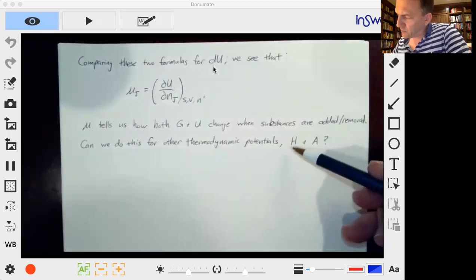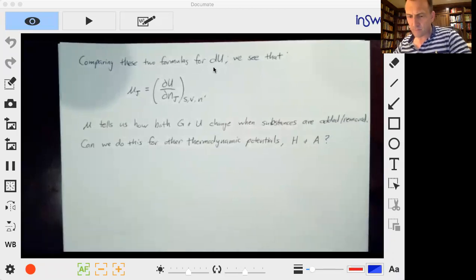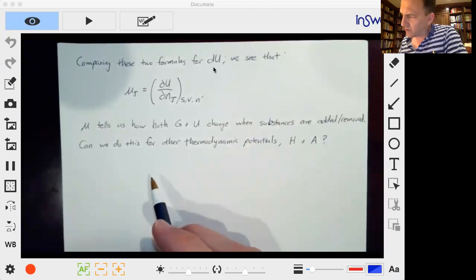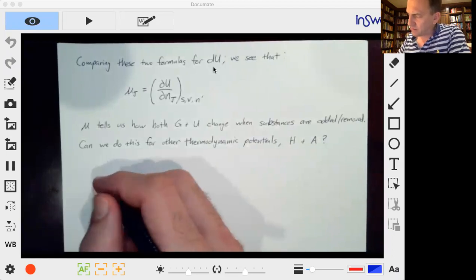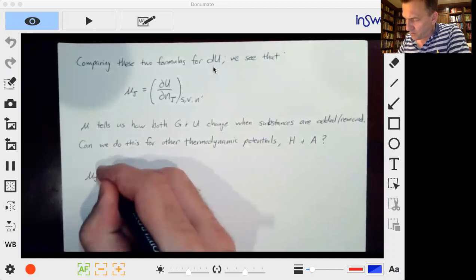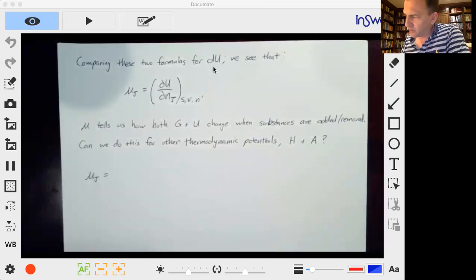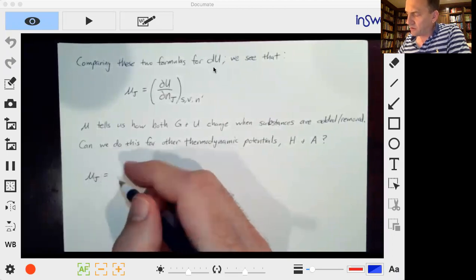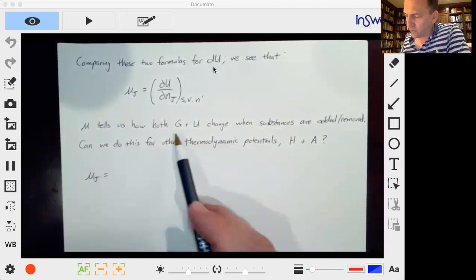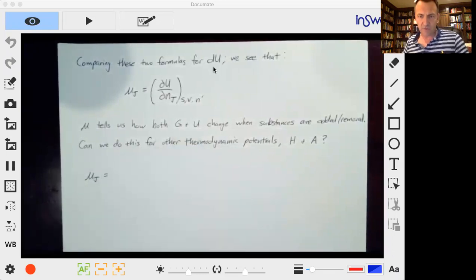H, the enthalpy, and A. And the answer is yes, we can. We can follow the same exact argument, and we come up with four formulas for the chemical potential, one for each of the four thermodynamic potentials.